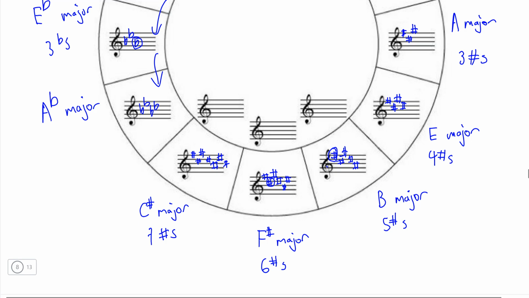If we start from A flat major, which has 4 flats because we've gone down 4 perfect fifths from C major, and keep going, counting backward from A flat: G, F, E, D flat major, we see something interesting here.